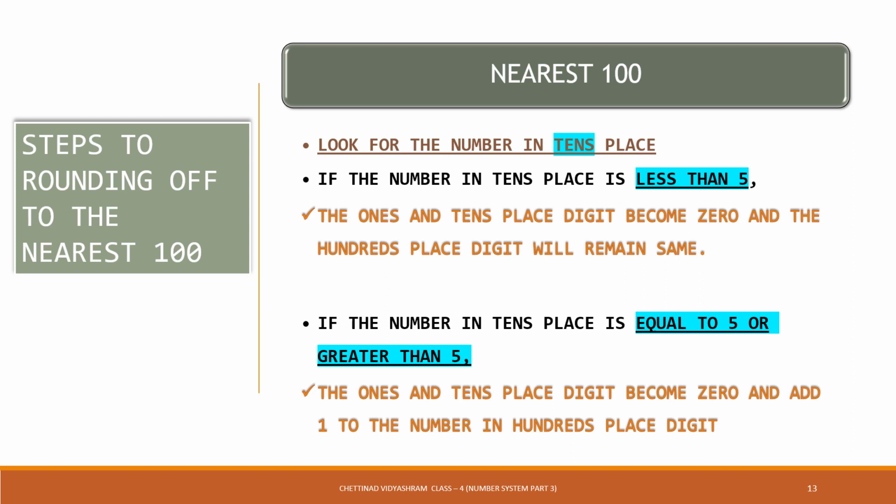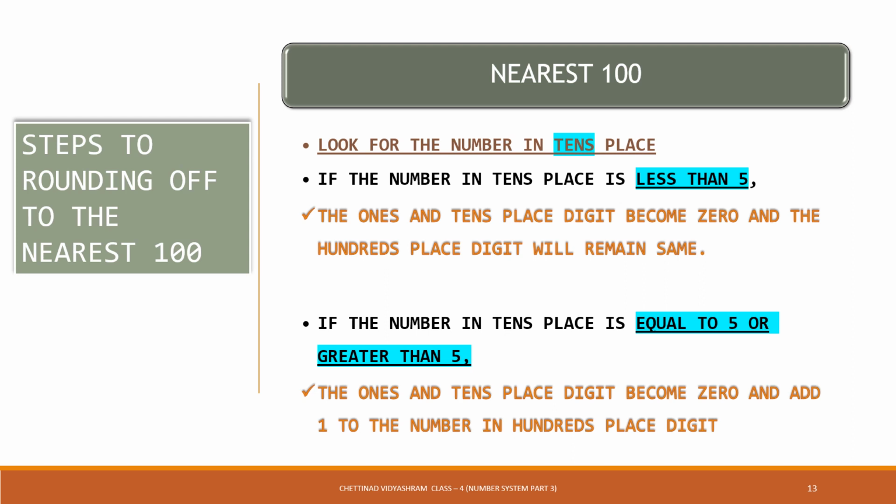If the number in the tens place is less than 5, then the ones and tens place digits become 0 and the hundreds place digit will remain the same. And the next condition is if the number in the tens place is equal to 5 or greater than 5, again the ones and tens place digits become 0 and add 1 to the hundreds place digit.